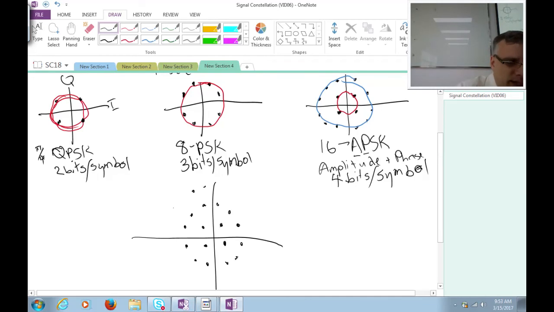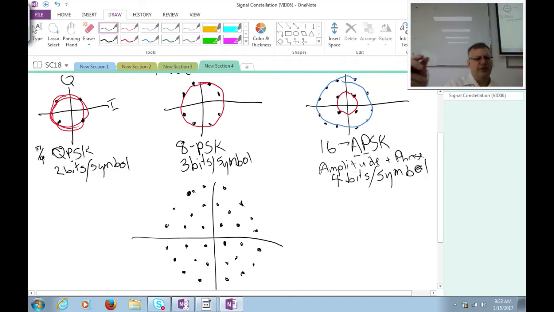And then you can put 16 points on an even larger circle. So it helps to arrange things in circles, because this means that with some pilot symbols you can estimate how nonlinear the system is behaving and kind of adjust your decisions accordingly.